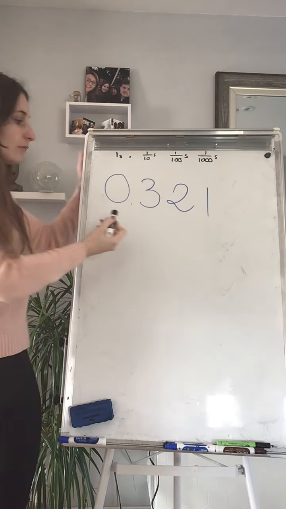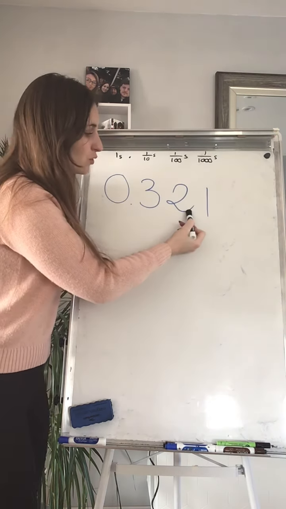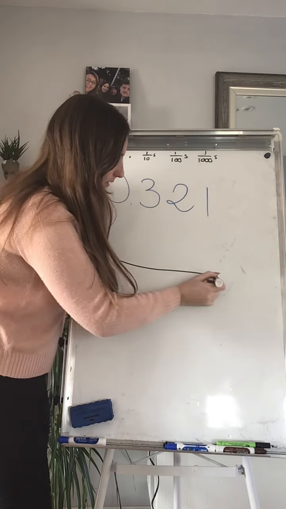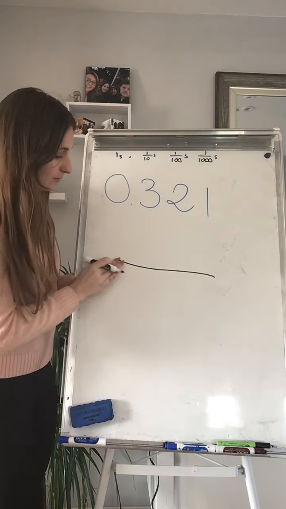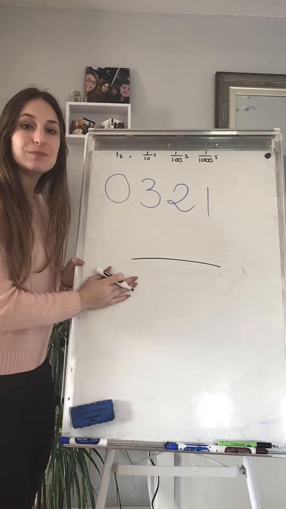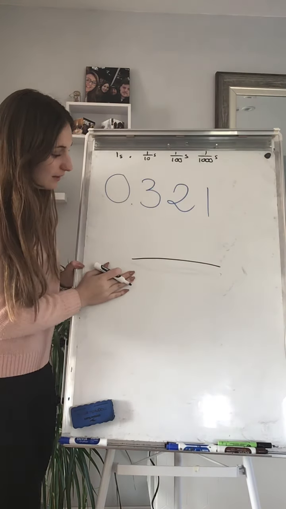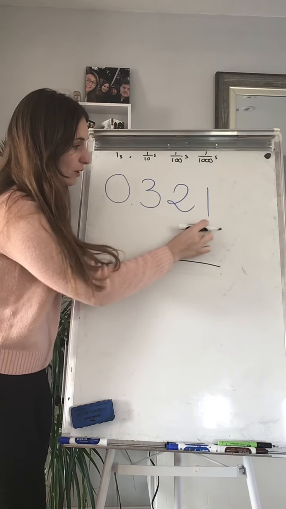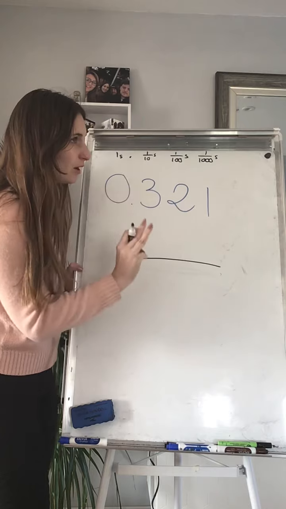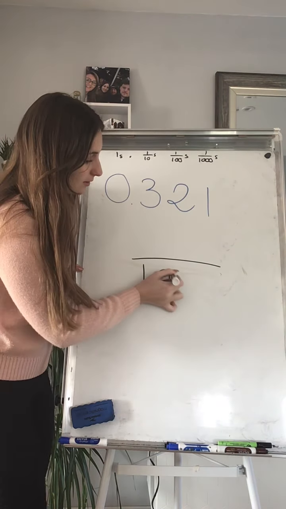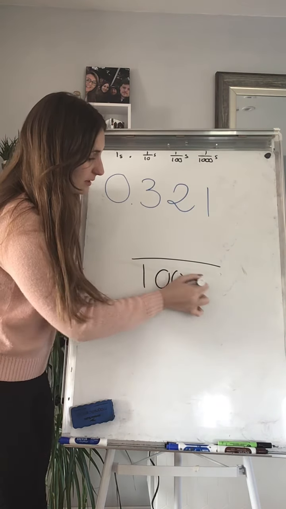So I have 1, 2 and 3 decimal places. That means that I'm going to be dividing, that straight line is awful, Miss Lopez, my number by 1, 2 and 3. So you're going to have 3 zeros. What number has 3 zeros? 1,000.